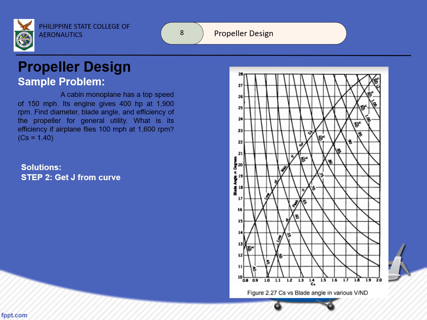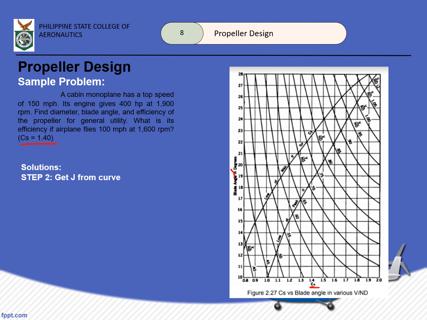So, how are we going to find the V/ND or the advance ratio? Diba, we have our CS nga kanina, which is 1.4. And na-determine na natin yung blade angle. Diba, we have our blade angle right here. We have our CS right here. So, if we project them both and try to get where they meet.